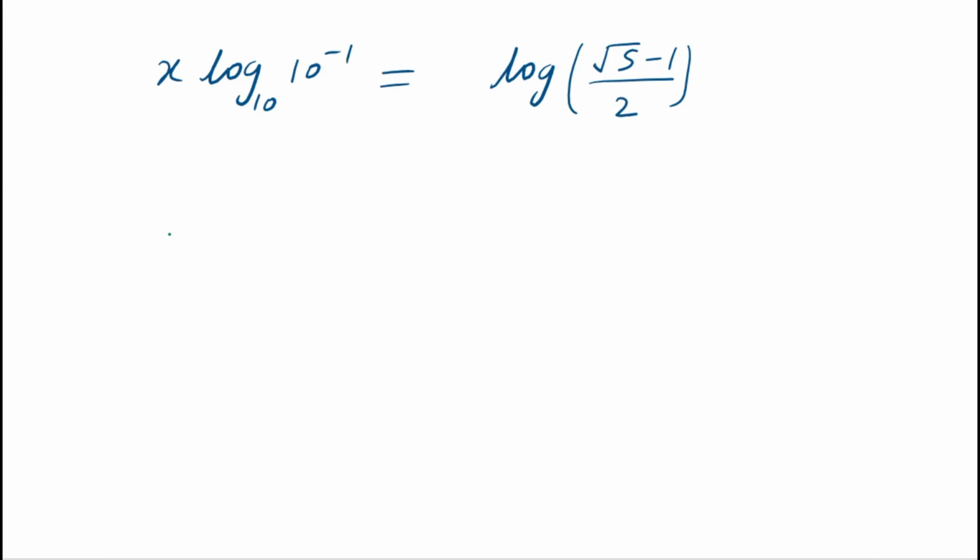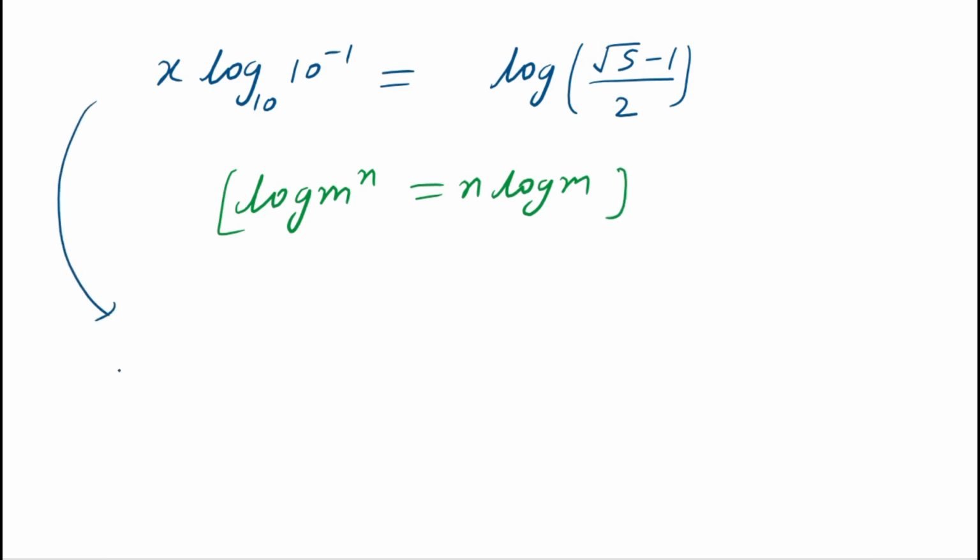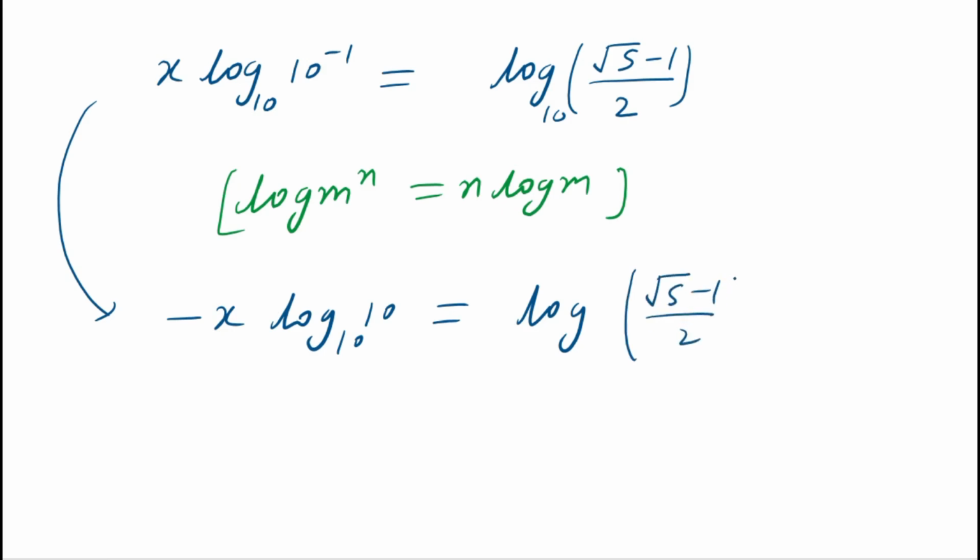Here we will apply this rule: log m power n is equal to n times log m. According to this rule, we can write this left hand side as minus x log 10 with base 10, and this is equal to log of (square root of 5 minus 1) over 2 with base 10.